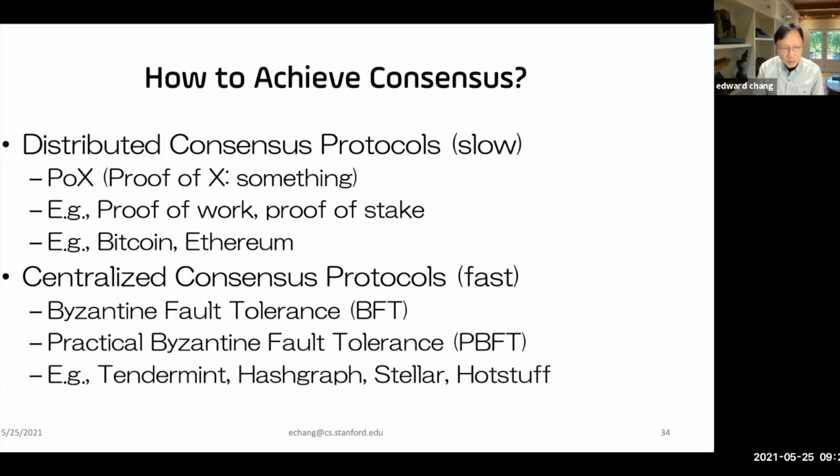Consensus protocols can be separated into two camps. One is distributed consensus: you could have local consensus, and eventually converge to global consensus. Or you just have a centralized consensus protocol. And centralized consensus protocols have been out there for many, many years, because banks and airline reservation systems have been out there for more than 2 decades, right?